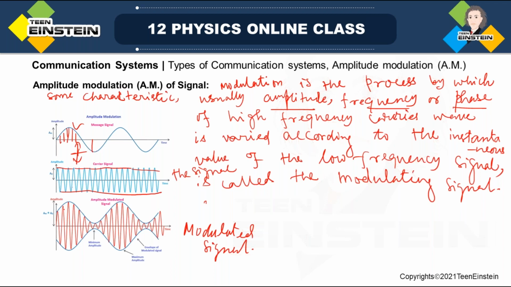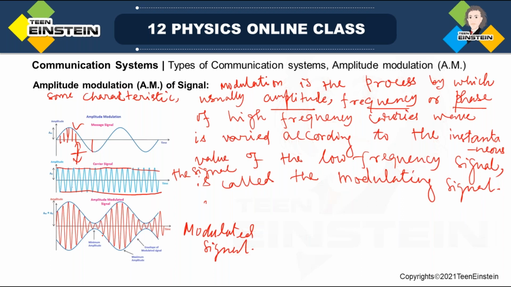If you just see with very rapt attention, you can see the amplitude is increasing up to here, then decreasing, then it becomes minimum over here, almost zero, and then in the other cycle it is again increasing. Like that it happens. So the amplitude of the carrier signal changes with the instantaneous value of the original message signal.